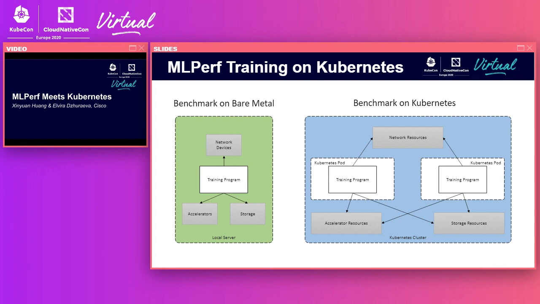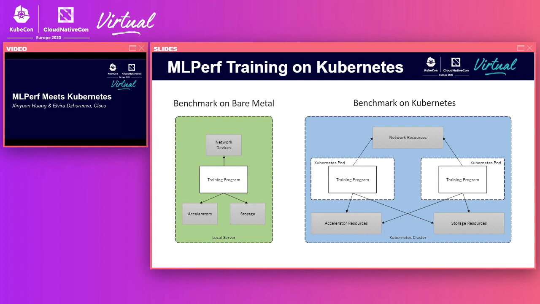So first of all, let's look at training. The training workload itself has no difference between running on a bare metal environment and running on a Kubernetes cluster. The main difference comes in the orchestration part, where you turn the model training program into a Kubernetes job.